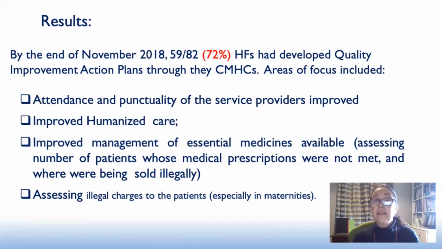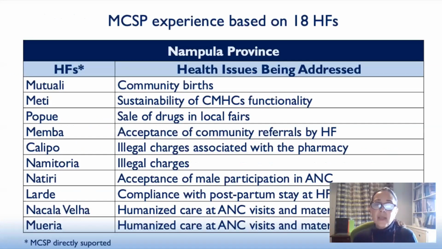Areas of focus included attendance and punctuality of health service providers. Humanization of care was improved. The management of essential medicines was improved. And illegal charging for health services was also being addressed.